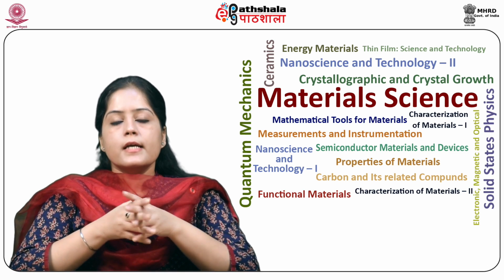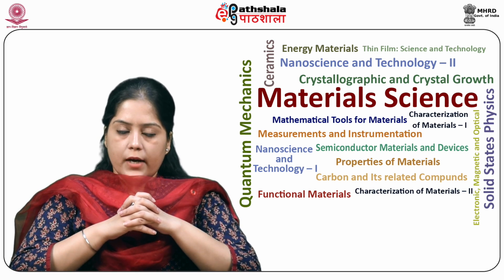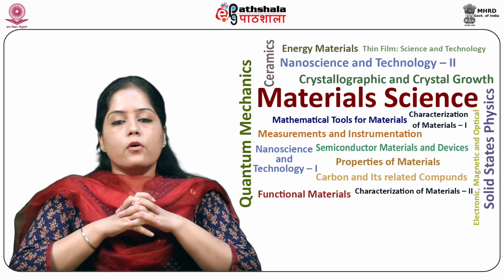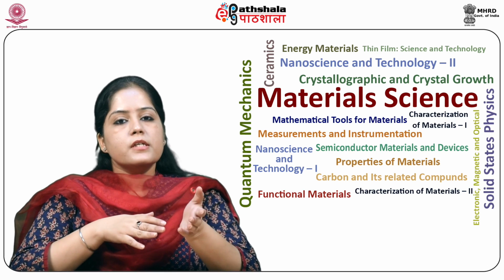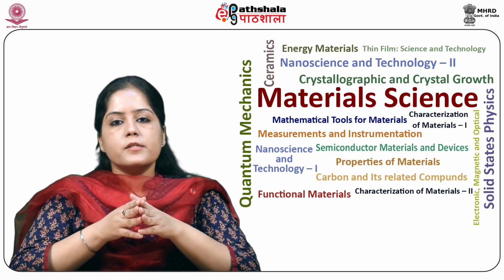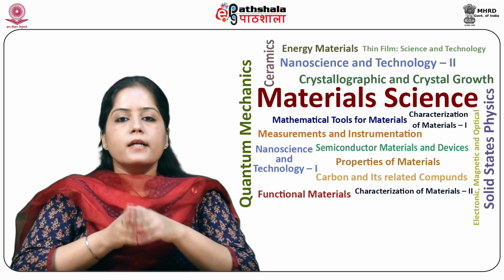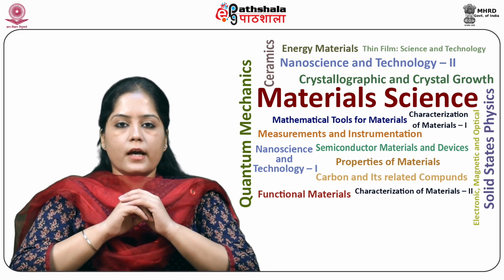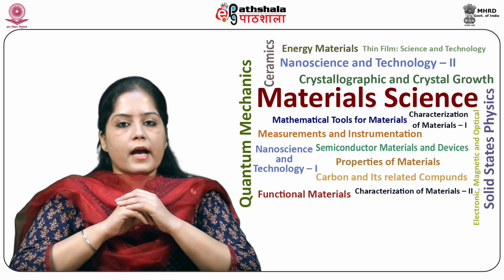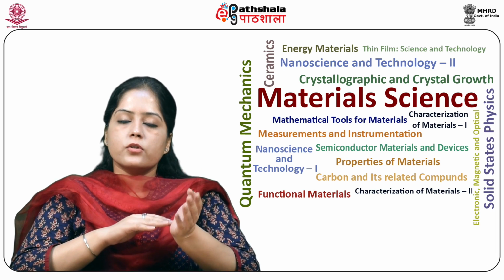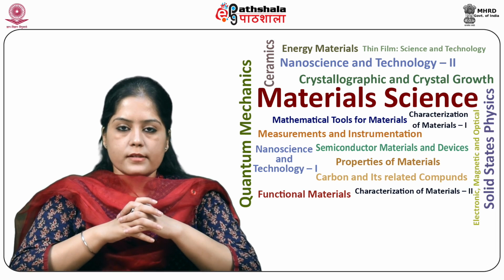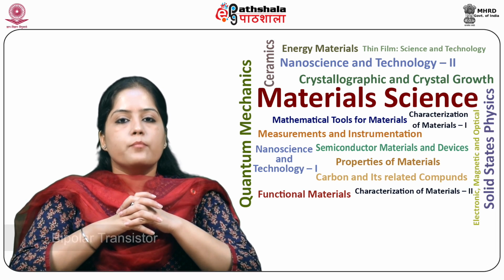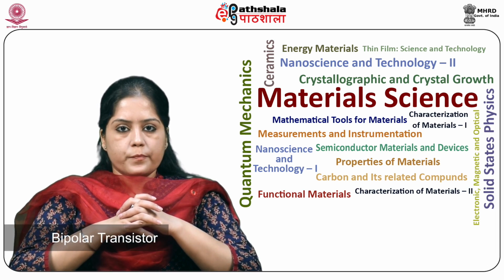So the FET is a majority carrier device and is therefore called a unipolar transistor. The BJT, on the other hand, operates by the injection and collection of minority carriers. Since the action of both electrons and holes is important in this device, it is called a bipolar transistor.